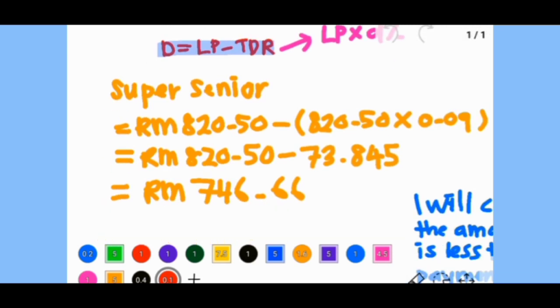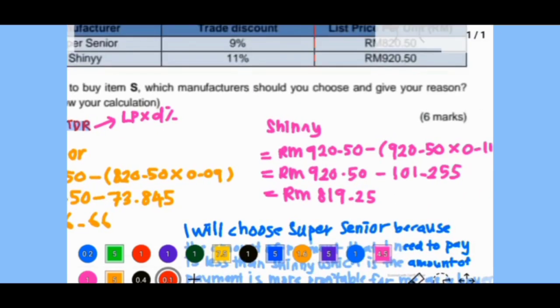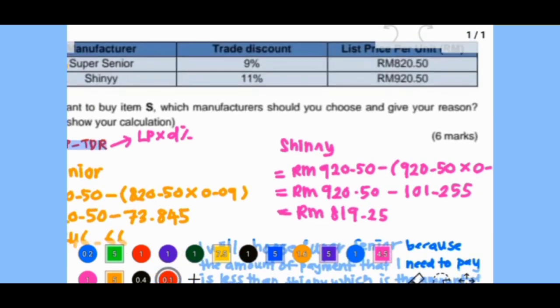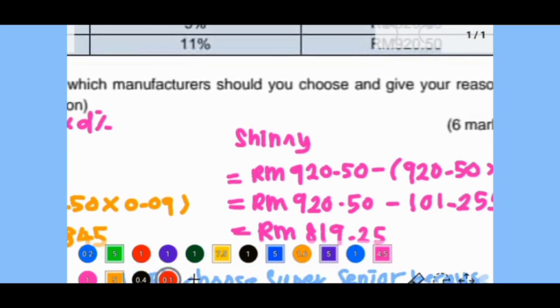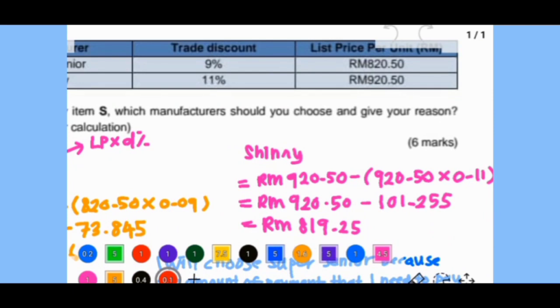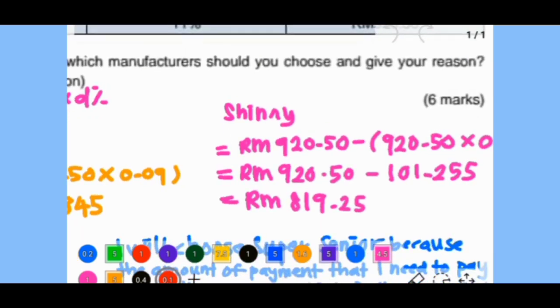And then you get the answer, 746.66 cents. Then for Shiny using the same formula: 920.50 cents minus 920.50 cents times the trade discount of 11%, 0.11. Then you get the answer, 890.25.